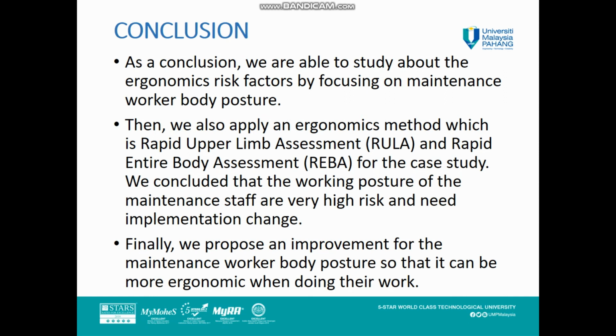Then we also apply ergonomics methods, which are rapid upper limb assessment (RULA) and rapid entire body assessment (REBA), for the case study. We concluded that the working posture of the maintenance staff is very high risk and needs implementation change.